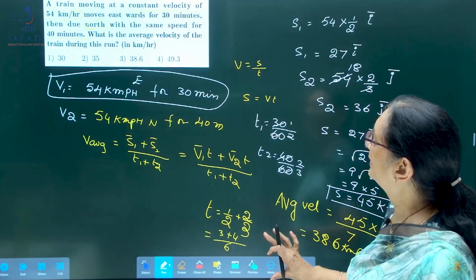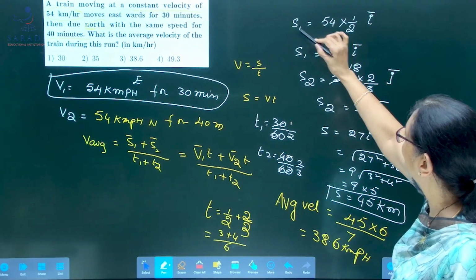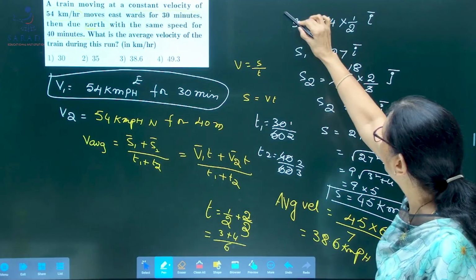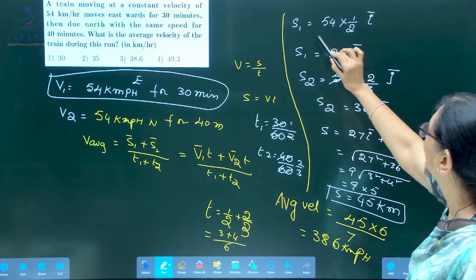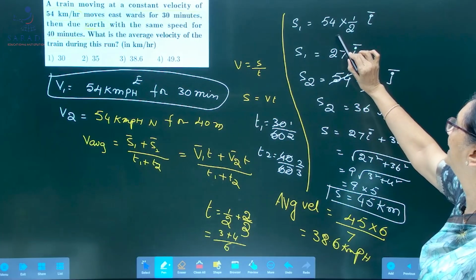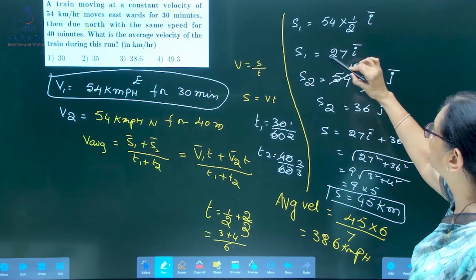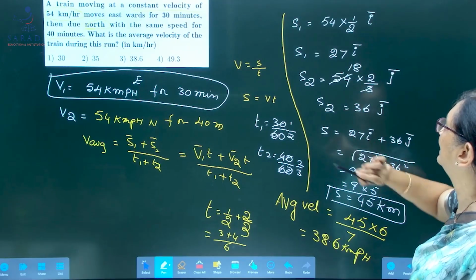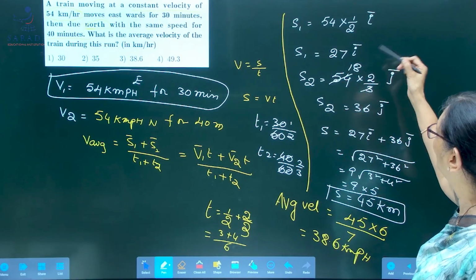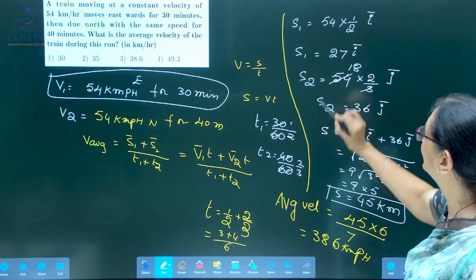Do you understand? See here, the train is moving with a constant speed of 54 kmph eastwards for half an hour and then with the same speed northwards for 40 minutes. You have to convert 40 minutes into hours, 2 by 3 hours.